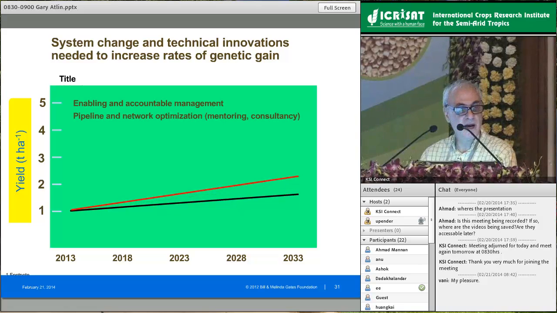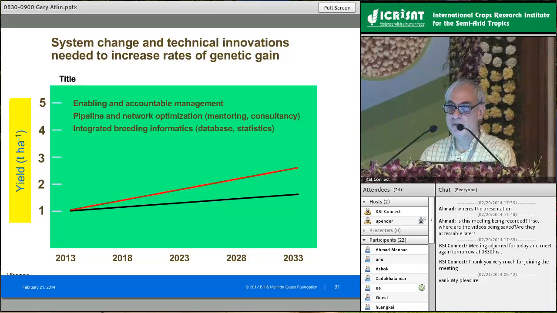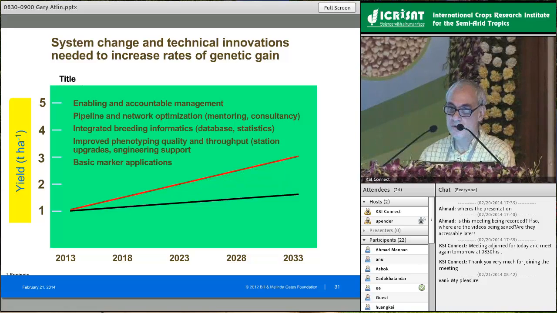The third would be application, getting our breeding information under control and really into the hands of breeders, and improvements in phenotyping, basic marker applications like quality control and tracking IBD alleles, and then high-density genomics.